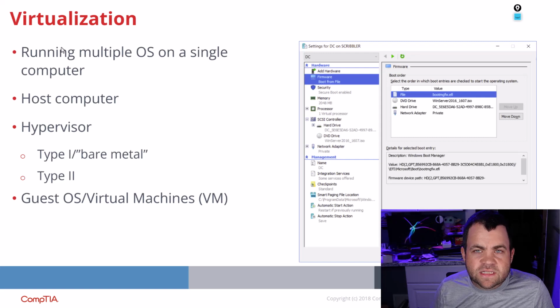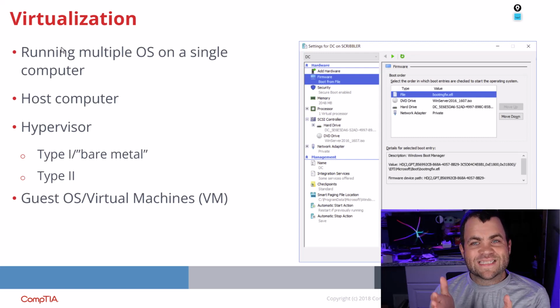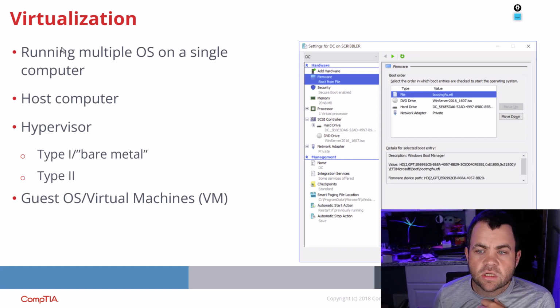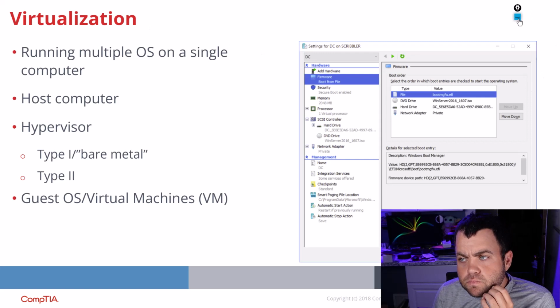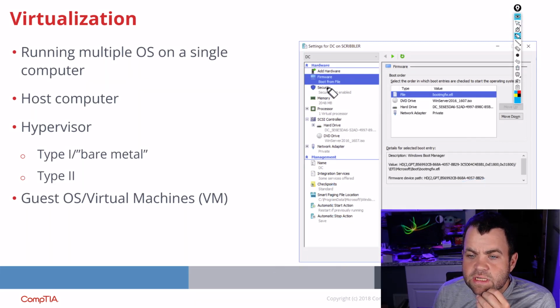You don't really necessarily have to have a super strong computer to do this, but you are assigning your hardware resources when you build the virtual machine. So you can see here on the screenshot that on this machine, we're giving it 2 gigs of RAM, 1 virtual processor, and a certain amount of hard drive space.